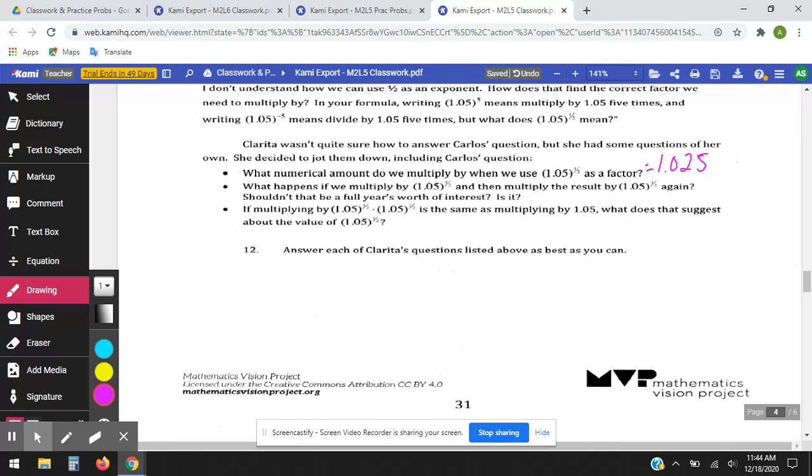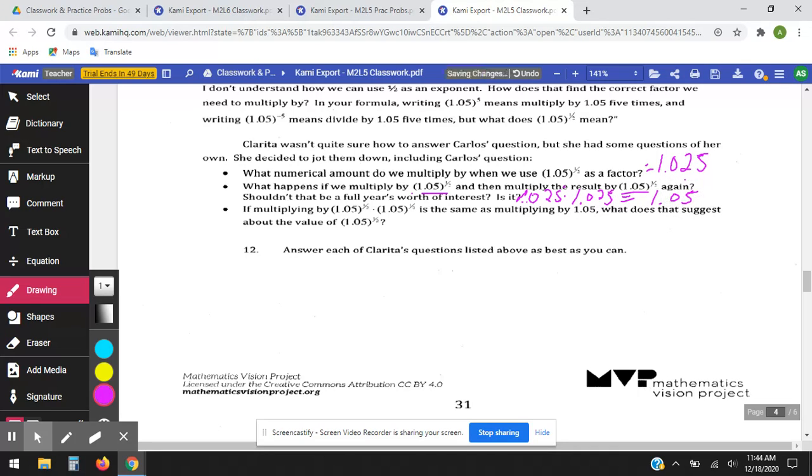What happens if we multiply this answer by itself? 1/2 and 1/2 should give you a full year's worth of interest. So 1.025 times 1.025 does equal 1.05.